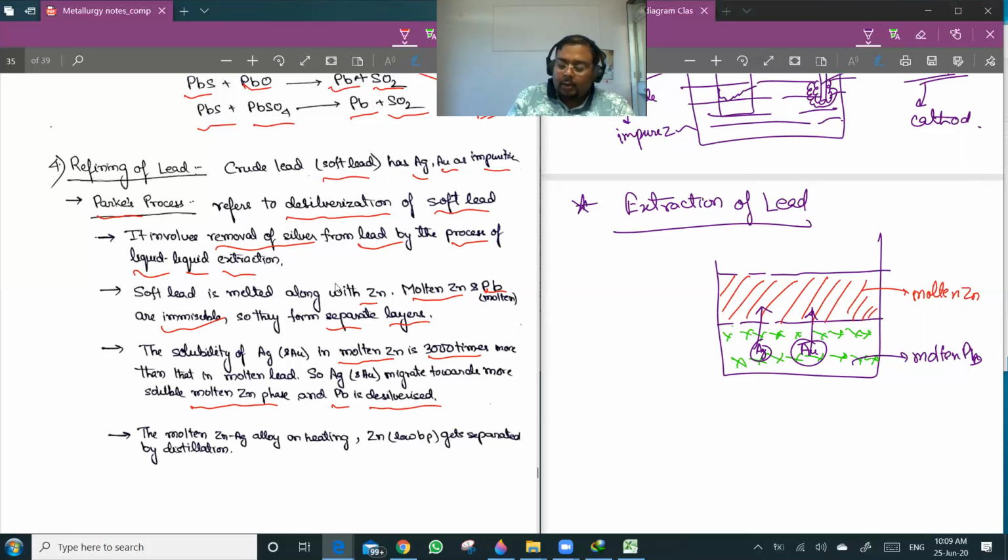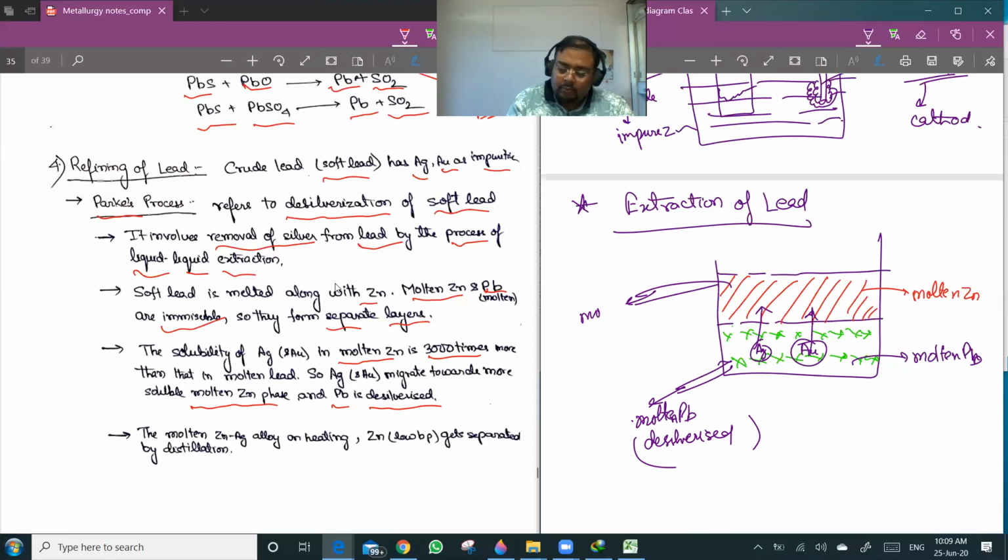Once it is done, you can open a tap here and get molten Pb, desilverized, while you can separate molten zinc plus Pb.